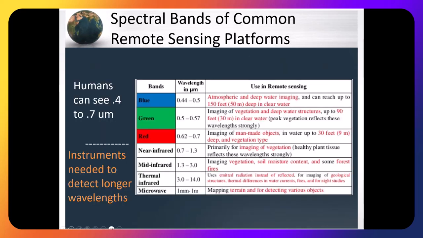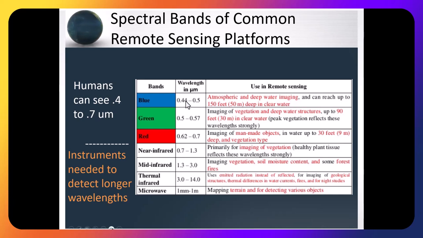So now, in order to be able to detect the energy, the sensors are designed to collect ranges of energy in different bands. So we refer to the bands, in this case the typical bands of many remote sensing platforms. Again, there are variations depending on the platform, but most remote sensing platforms that you'll work with in GIS at least have detection in the blue, the green, and the red, and the near infrared or very near infrared range of spectral response.